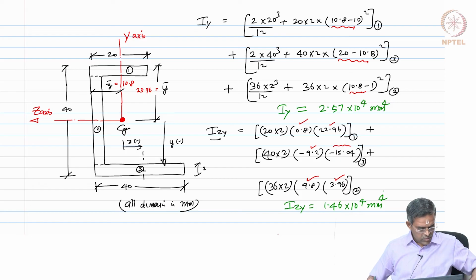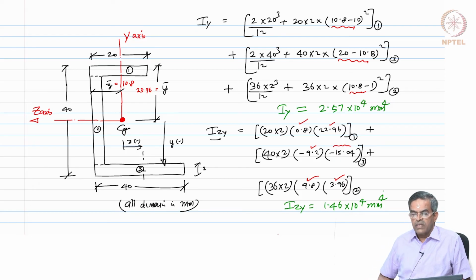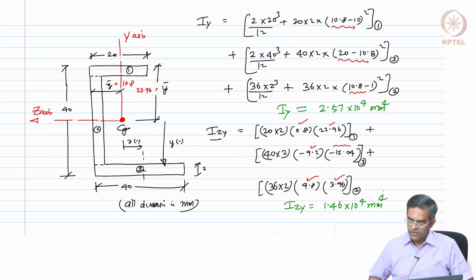Since Iyz is not 0, the section will be now subjected to unsymmetric bending, and z and y will not be the principal planes. Okay, we know that. So, once we understand this, I can straightaway locate the angle of inclination of this figure.